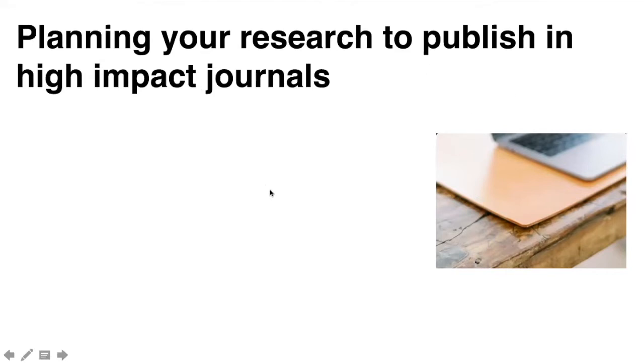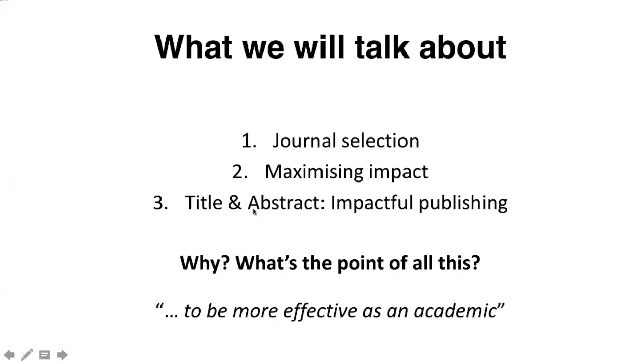Planning your research to publish in high impact journals, which of course is something that we all want to do. We want to get our excellent research written up and published in the best journals possible as quickly as possible to maximize our impact. So we're going to be talking in our event today about three things. We're going to be talking quickly about journal selection, and then we're going to talk a little bit about maximizing the impact of your articles as you begin the writing process.